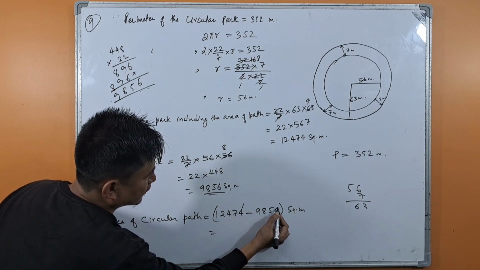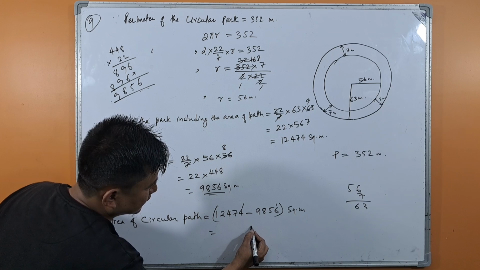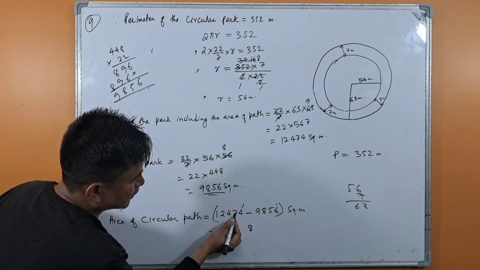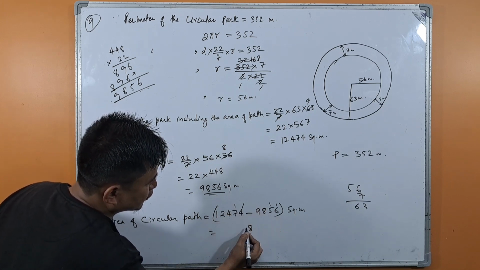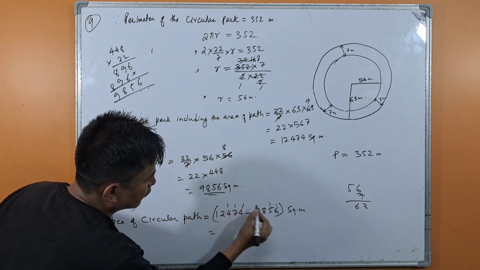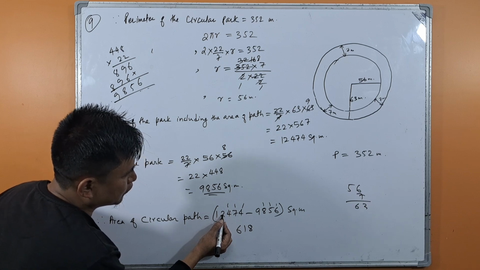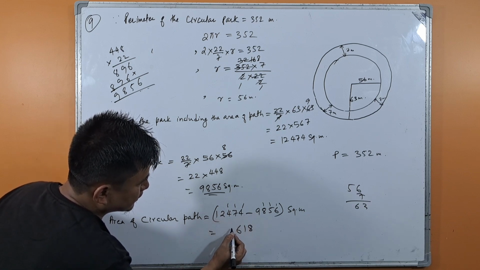We cannot subtract 6 from 4, so 14 minus 6 is 8. Then 6 minus 5 is 1. Then 14 minus 8 is 6. Then 11 minus 9 is 2.